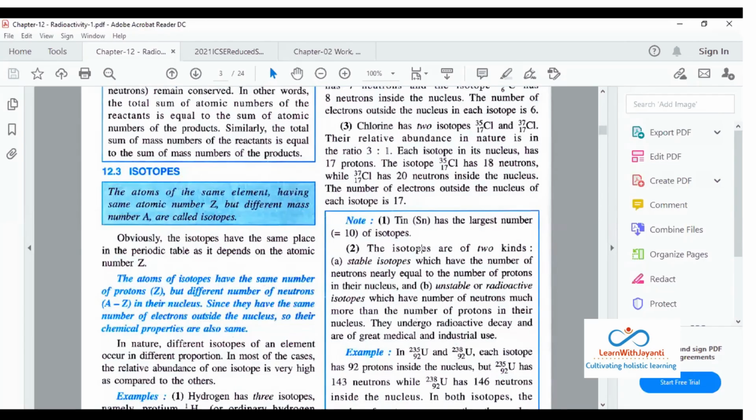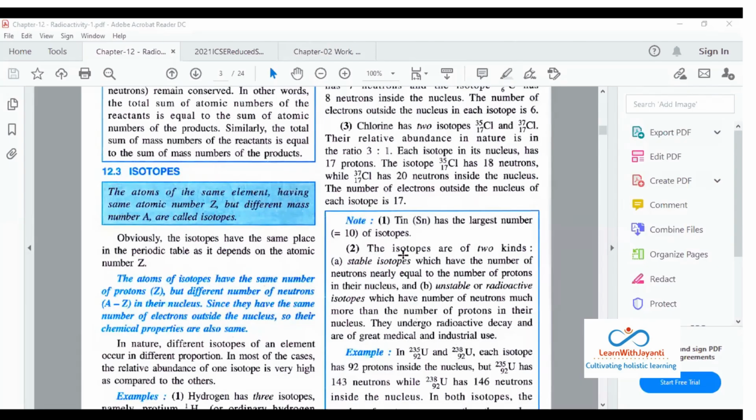Stable isotopes have number of neutrons nearly equal to the number of protons. So how is stable? It will be 6 protons and 6 neutrons, or you can say nearly equal, 6 protons and 7 neutrons. But with 6 protons and 8 neutrons, the gap is increasing a bit. So that means it is going to become unstable. So always remember that whenever you study radioactivity, the number of neutrons should be higher than the number of protons. Then only I can say it's an unstable element.